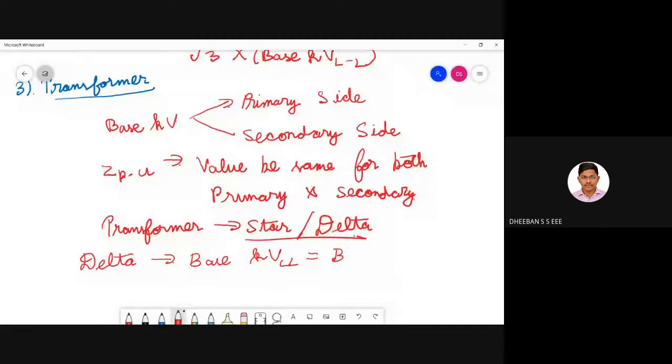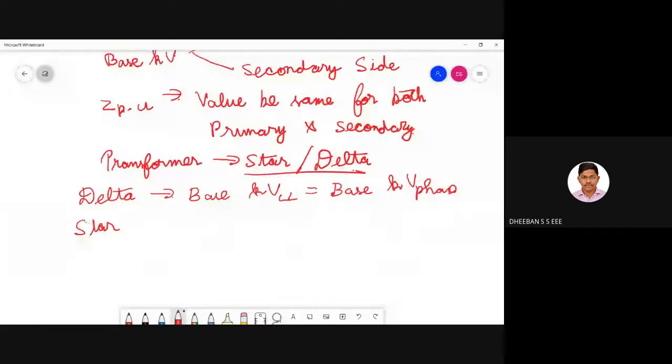So this is the basic condition, this you already know. That is, in the delta connection, your line voltage will be equal to your phase voltage. But in case of your star configuration, your base line voltage will be root 3 times your base phase voltage. Okay, so this is the main difference.